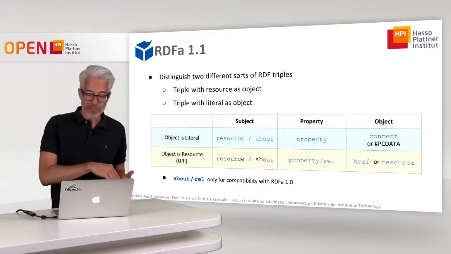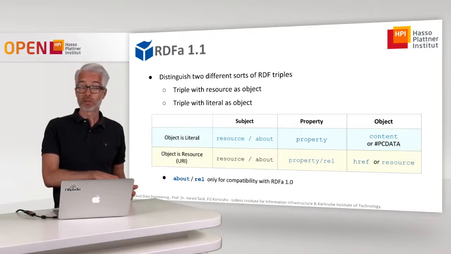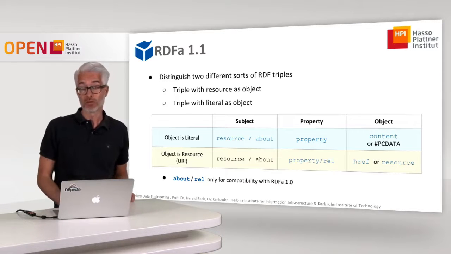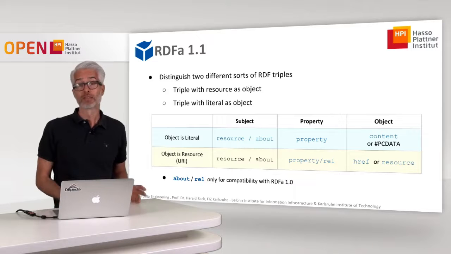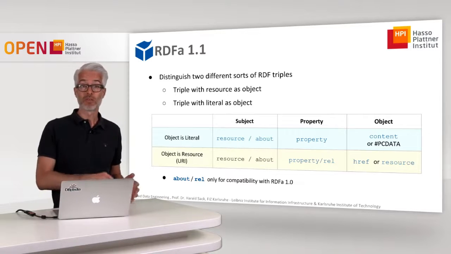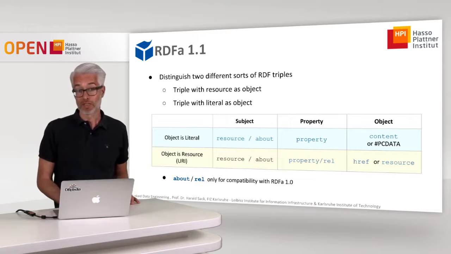So the subject here, for example, will be expressed as resource. There is an alternative to use another keyword, which is about. This is from RDFa 1.0, so it's the old version. It's only listed here for compatibility. You should use resource, because resource is newly defined. About did already exist and might lead to conflicts.